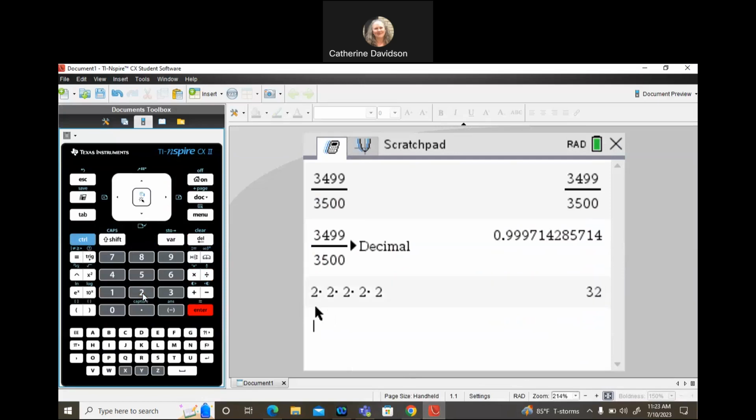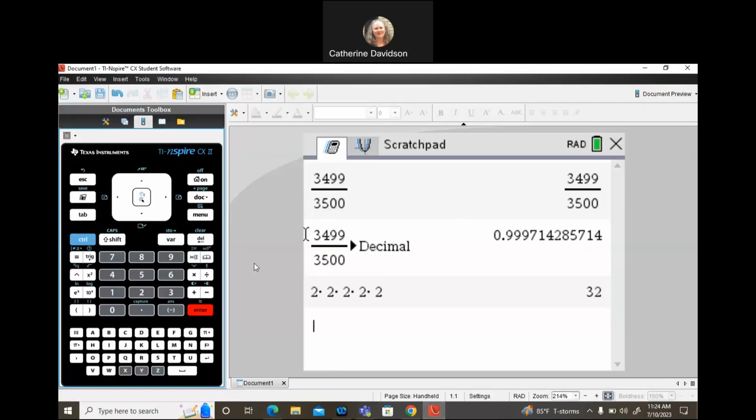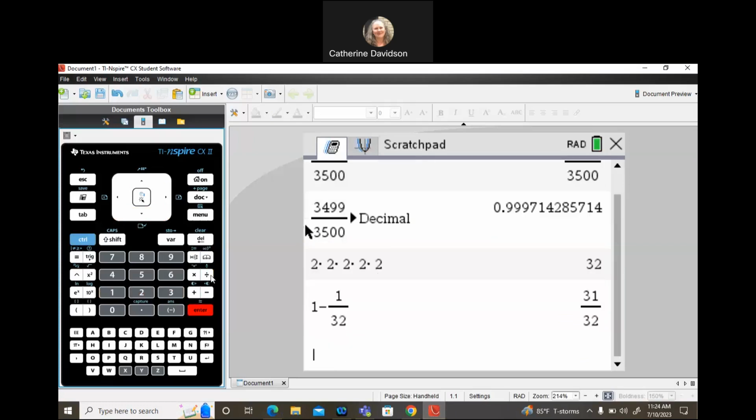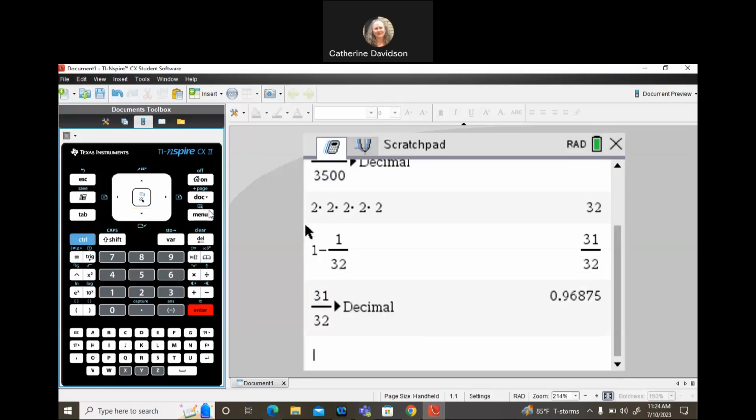So there's 32 possible ways to arrange the 5 coins. Of those, there's only one way to arrange it with no heads. That would be all tails. So we're going to do 1 minus what we don't want. And I will convert this to a decimal. I think most of these are decimals. So 0.97.